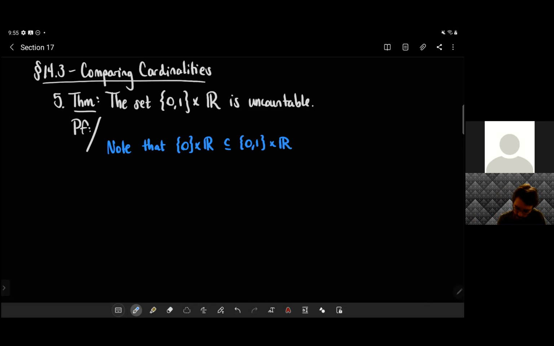If you don't believe me, please do fill in the details, but the important thing is the set containing 0 is a subset of the set [0,1]. And so taking the Cartesian product with R retains that subset relation. Note one other thing, that the cardinality of this set, {0} cross R, is exactly equal to the cardinality of R, because there exists a bijection between them.